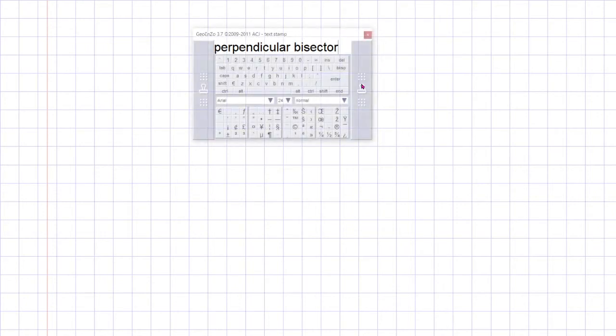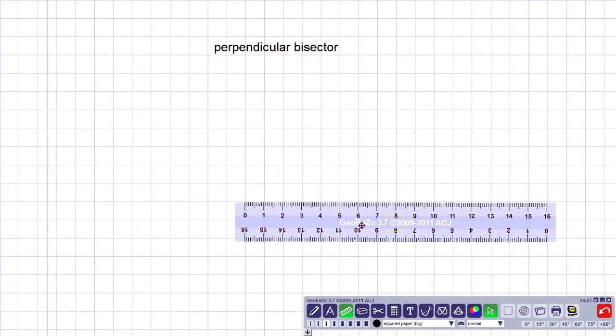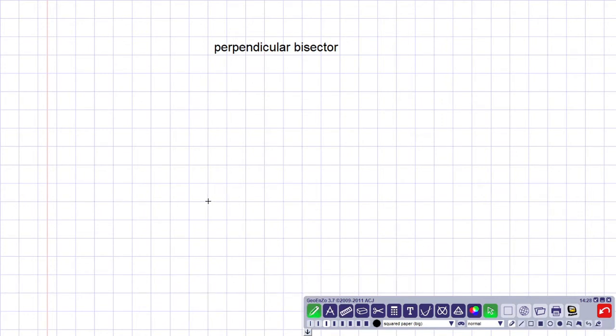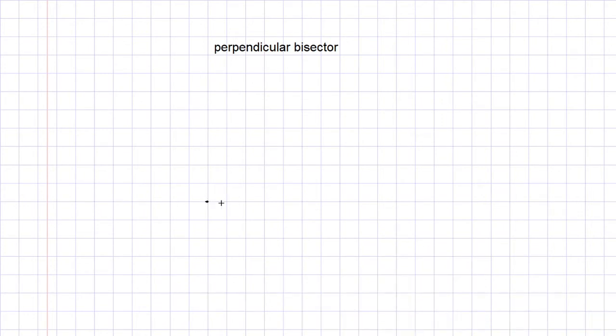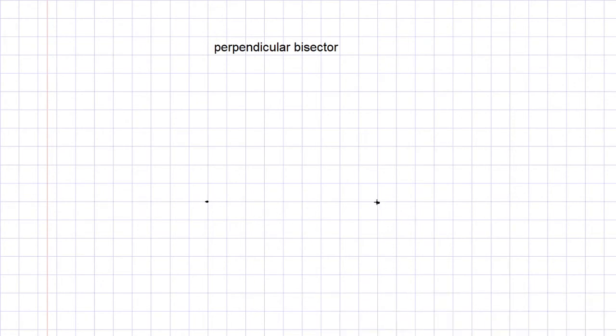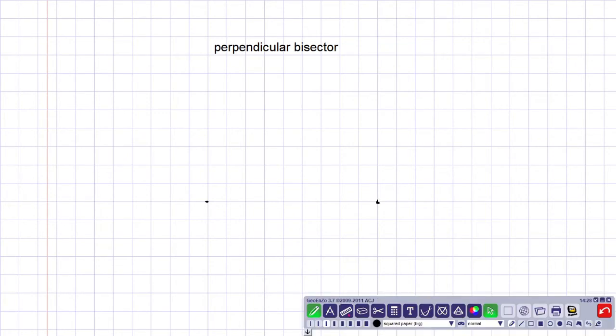Perpendicular bisector. Now there are two fixed points. This is the first fixed point. This is the second fixed point.